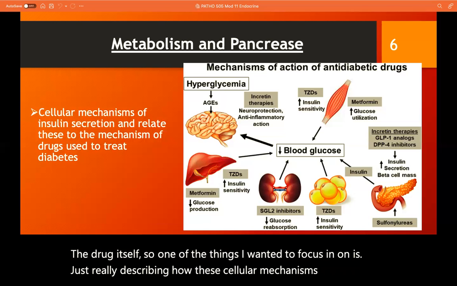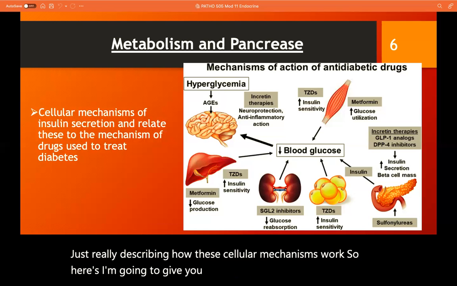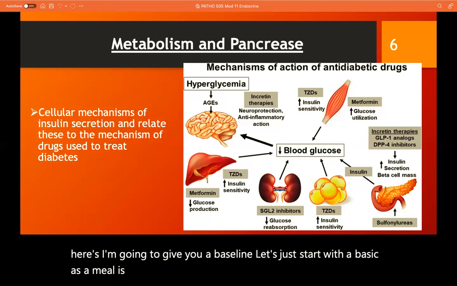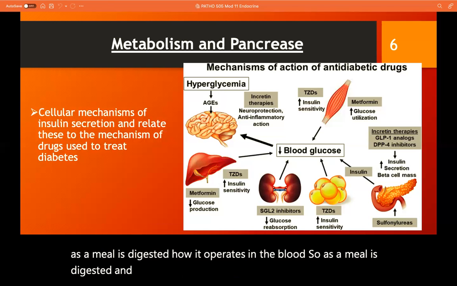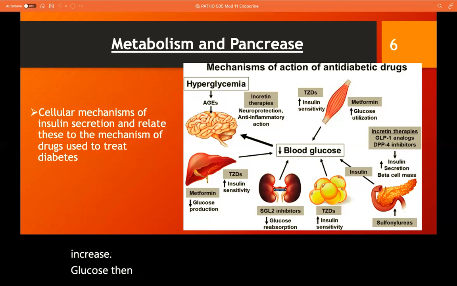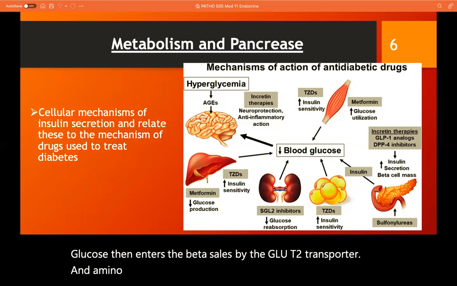So I'm going to give you a baseline. Let's just start with a basic: as a meal is digested, how it operates in the blood. As a meal is digested and absorbed, blood levels of glucose and amino acids increase. Glucose then enters the beta cells by the GLUT2 transporter, and amino acids enter by amino acid transporters.